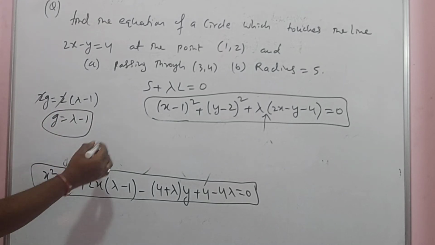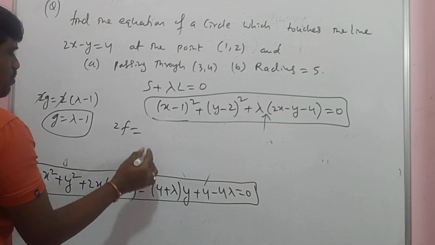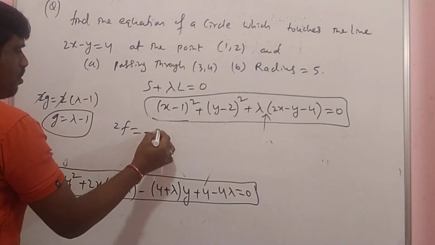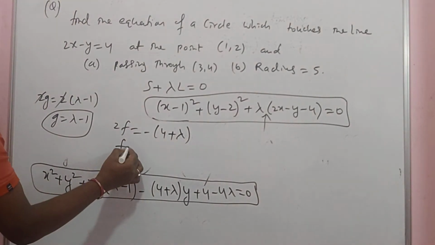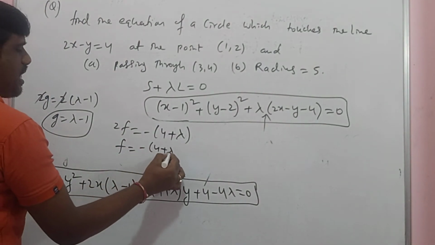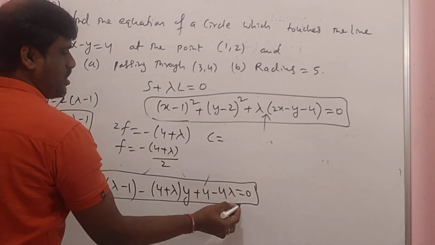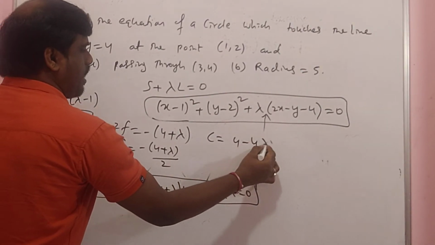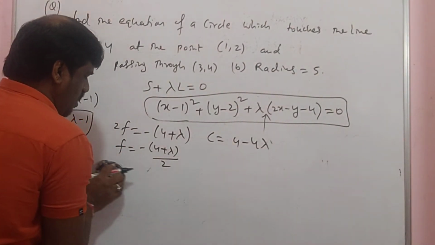And 2f is equal to minus of (4 plus lambda), so f value will be minus of (4 plus lambda) by 2. g value is this, and you know c constant is 4 minus 4 lambda. So these values you have, just substitute and do this.